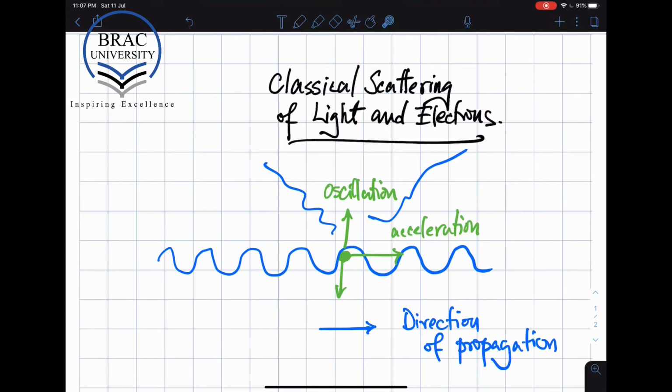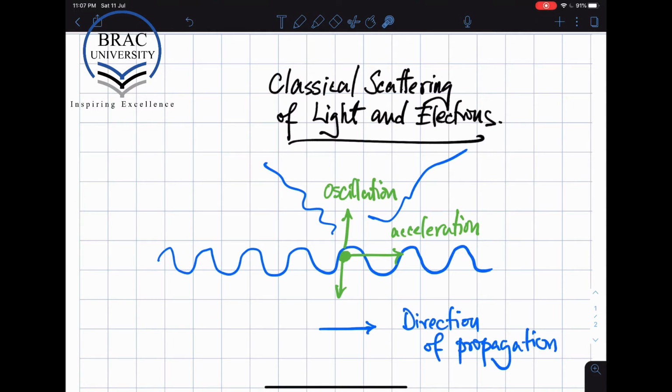As a result, the electron will accelerate, and in the rest frame of the electron, what it'll see is that the frequency of the incident wave will decrease due to the Doppler shift.